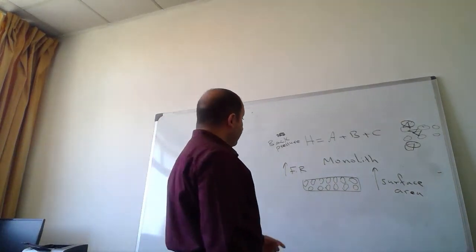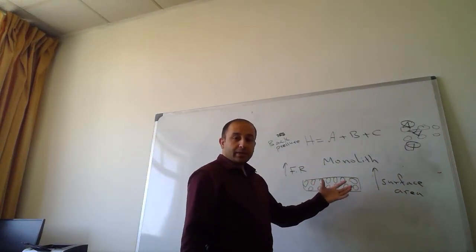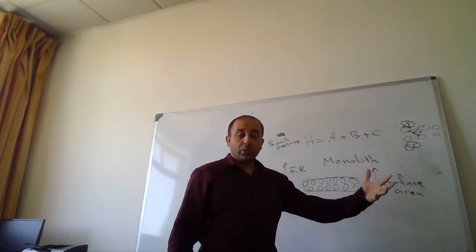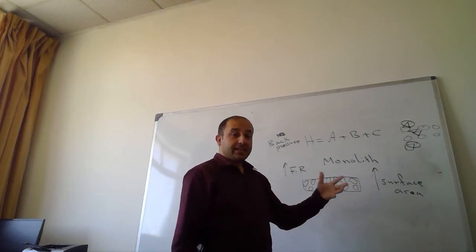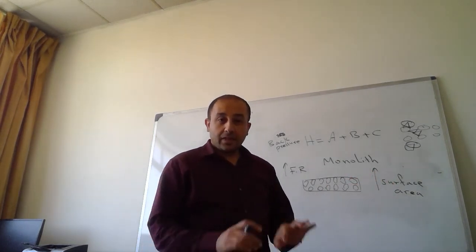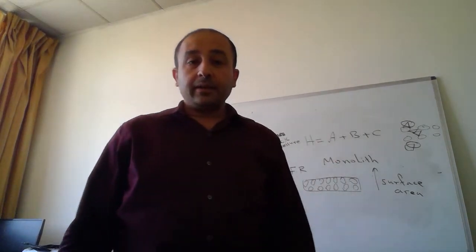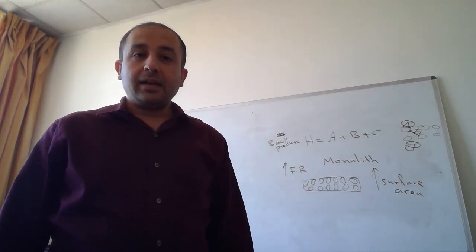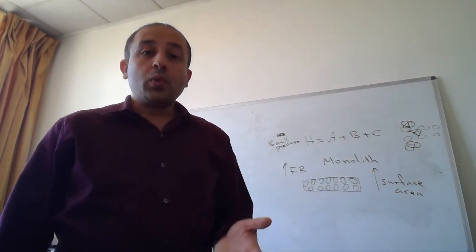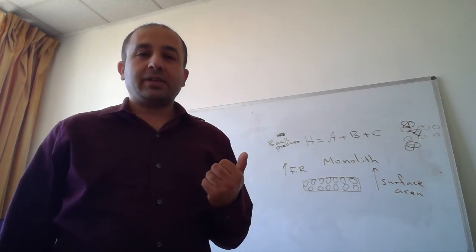The advantage of monolith is that it is highly porous, so it will allow the flow to go freely inside this stick of silica or derivatized silica without significant back pressure.